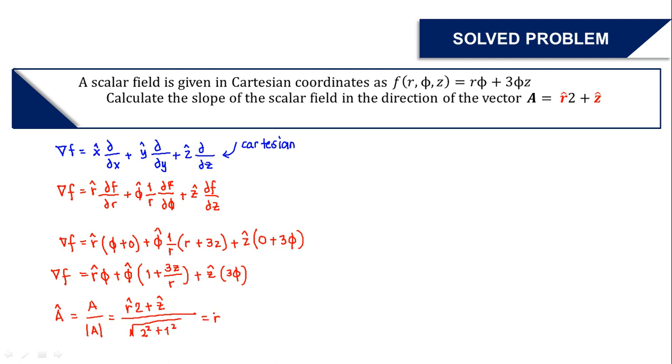It is equal to r hat 2 over the square root of 5 plus z hat 1 over the square root of 5. Yan. So we now have itong dalawa na to. Po-proceed na tayo dun sa pagkuha ng projection. Okay? Again, ang hinahanap dito kasi is yung projection.